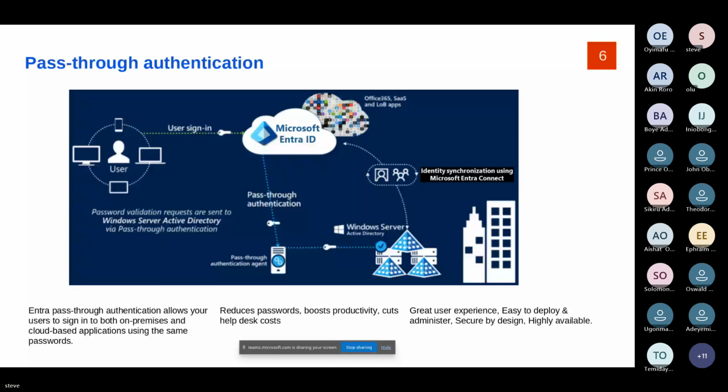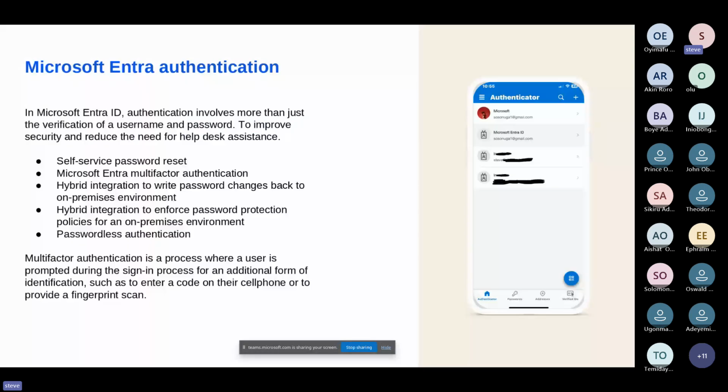Then now, what is Microsoft Entra authentication? To choose an authentication method, you need to consider your existing infrastructure, the complexity, and the cost of implementing your choice. These factors are different for every organization and they might change over time.